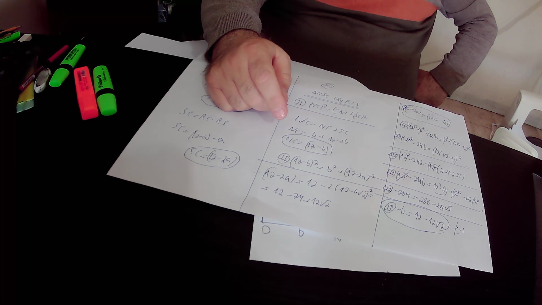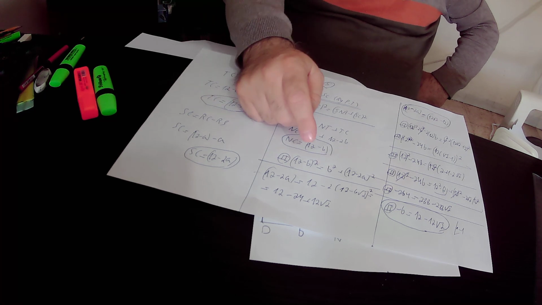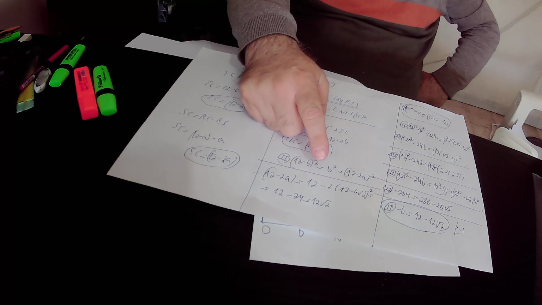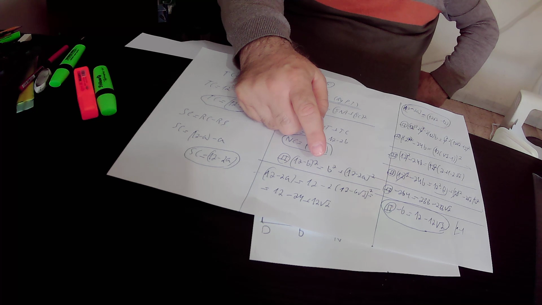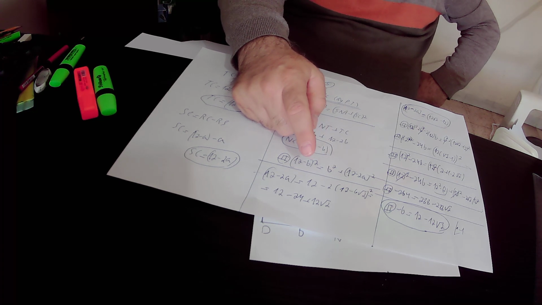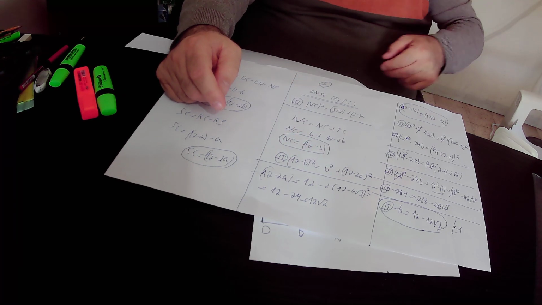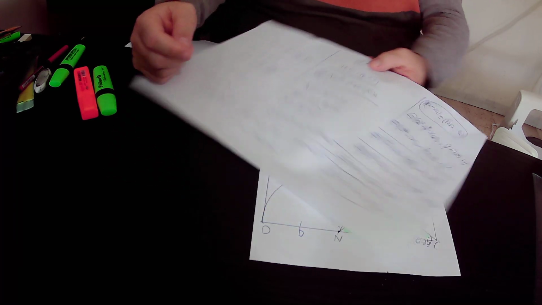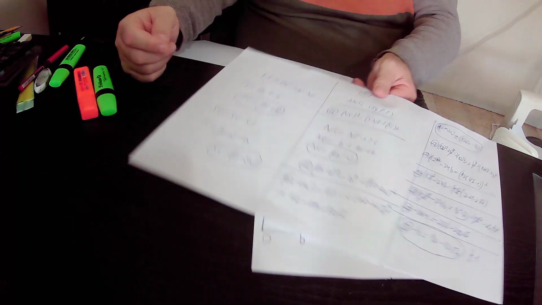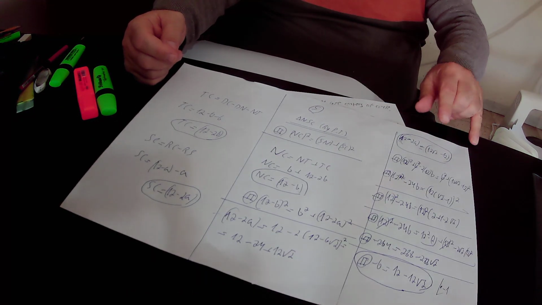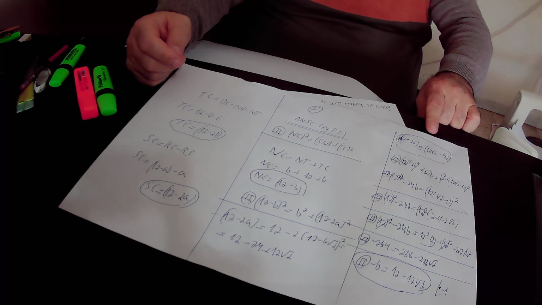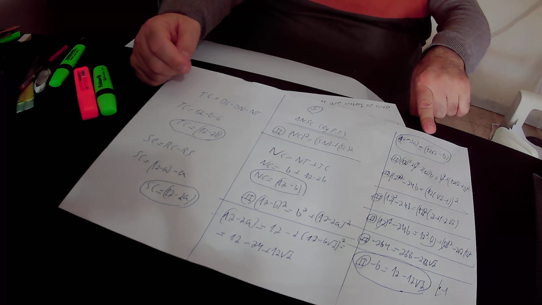2 times 12 is 24. And 2 times minus 6 is minus 12. So in conclusion, 12 minus 2A equals 12 times square root of 2 minus 12.